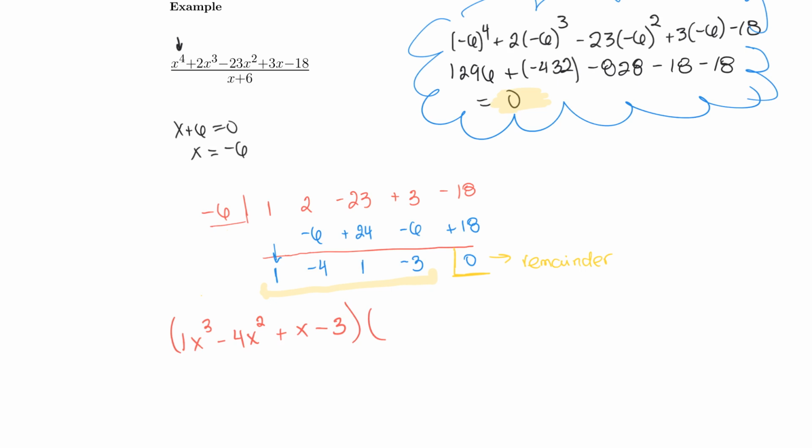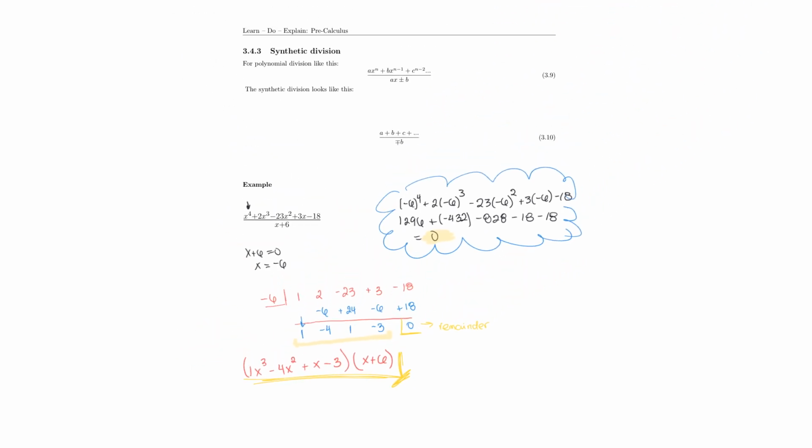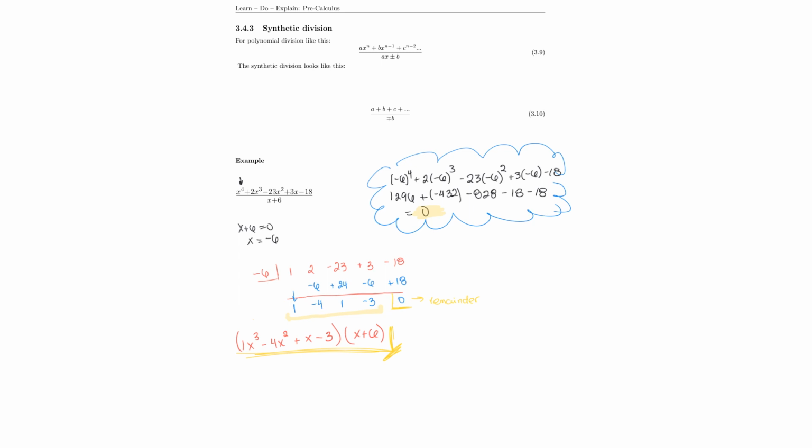We found that x equals minus 6, so x plus 6 is the factor, and then we have the factored form of this polynomial right here. And that is how we use synthetic division to find the factors or to divide a polynomial by a binomial with the power of 1.